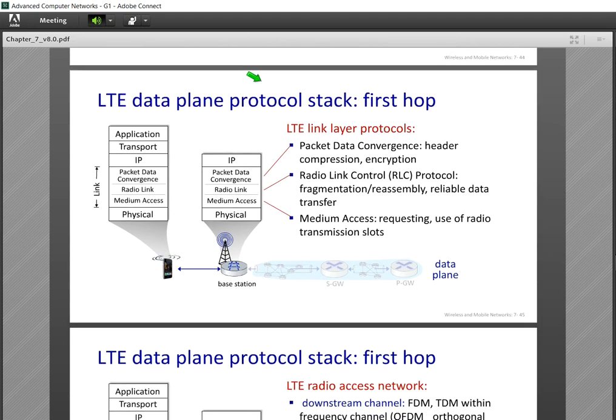Okay, look at this slide, slide 45. Something interesting is shown in this slide.